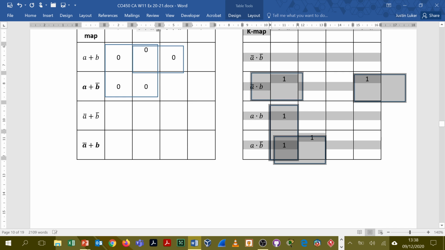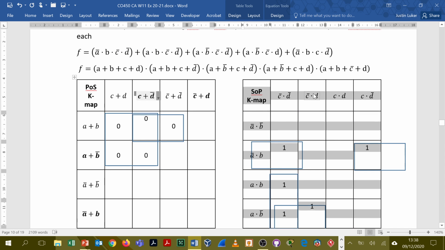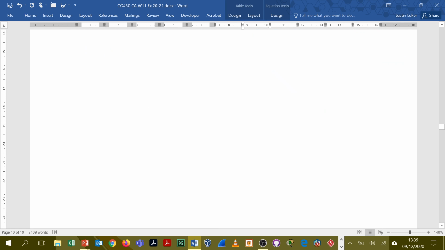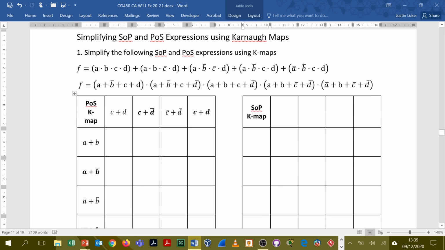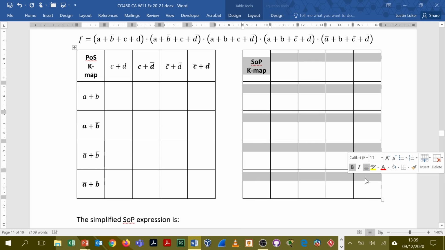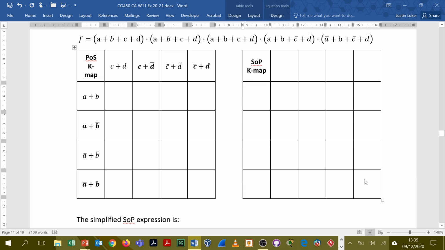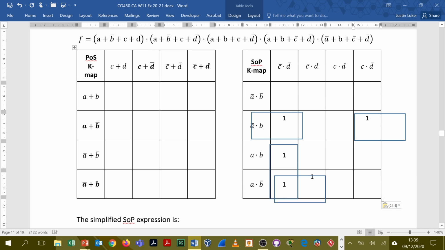So this first bit was about simplifying: finding the groups. Finding the groups is what you need to do first. And the next thing will be using those groups to simplify the expression. So I guess we could map those out in here. So let's do that. I've probably got some more explanation to do in my presentation, which I'll come back to. But as we are here, let's just do a little bit of mapping out.